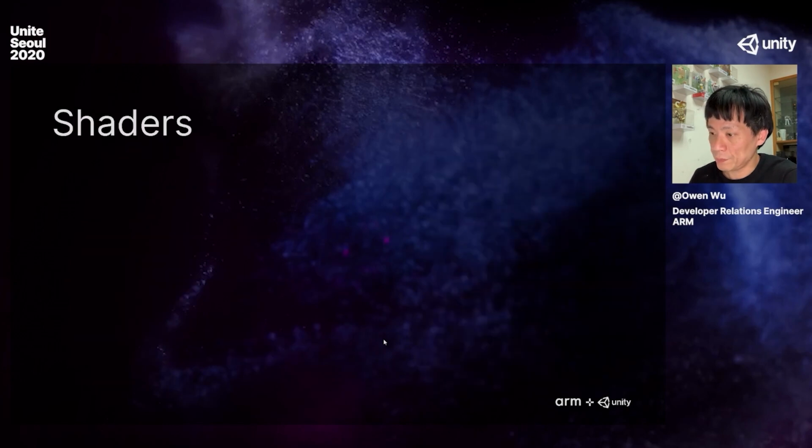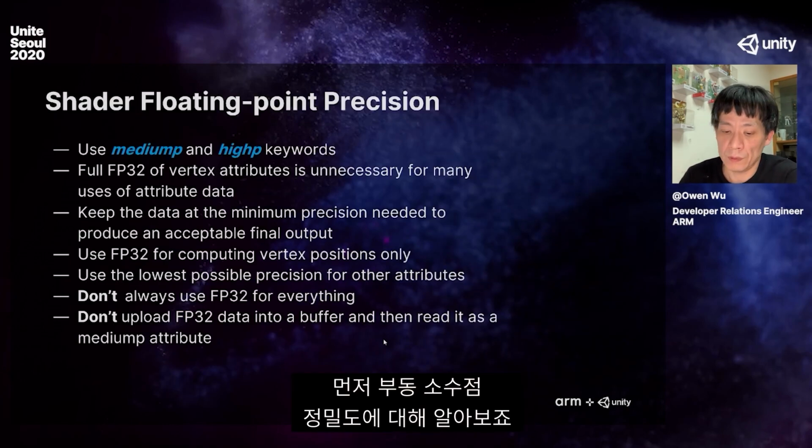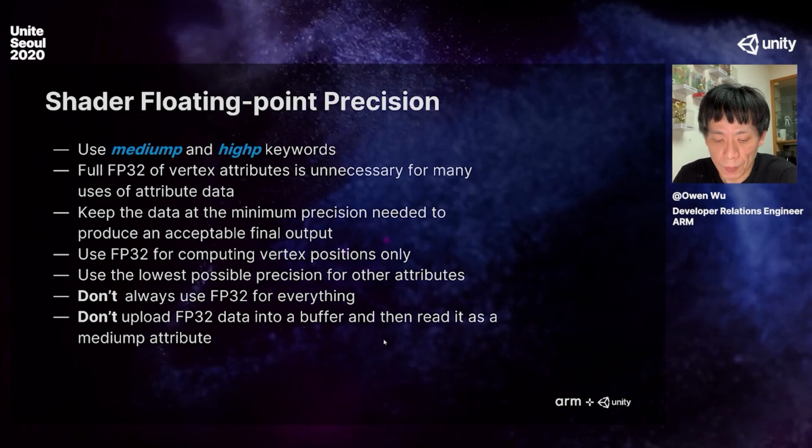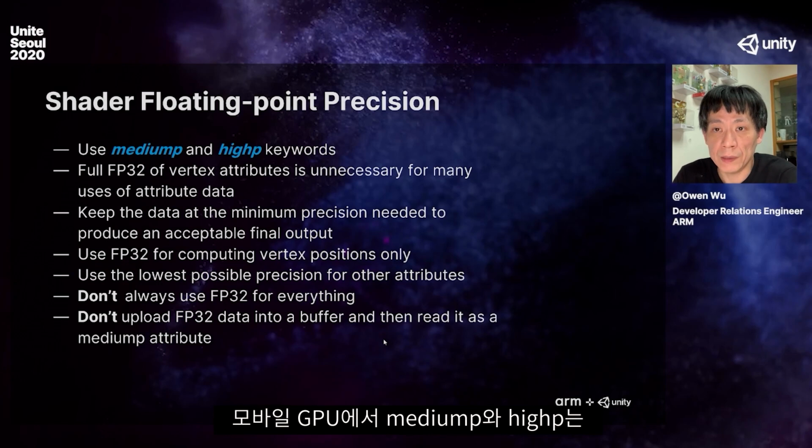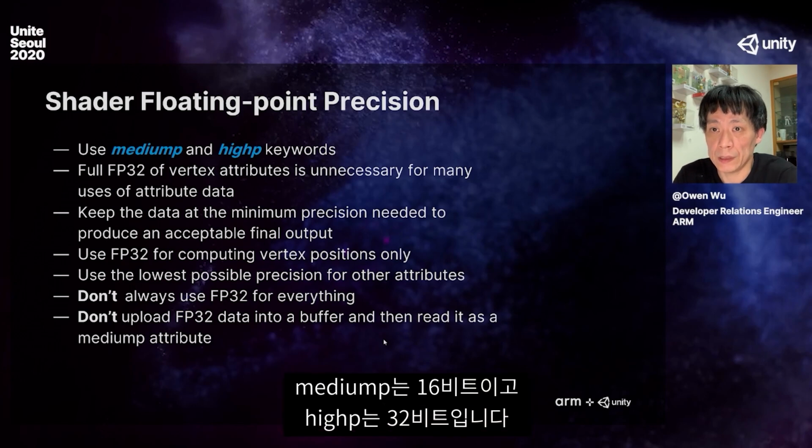So the next one is about shaders. The first one is about floating point precision. On mobile GPU, mediump and highp actually have different sizes. Mediump is 16-bit and highp is 32-bit.